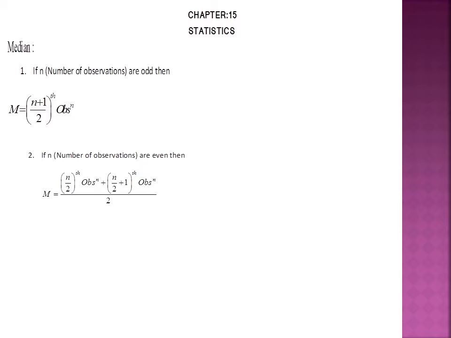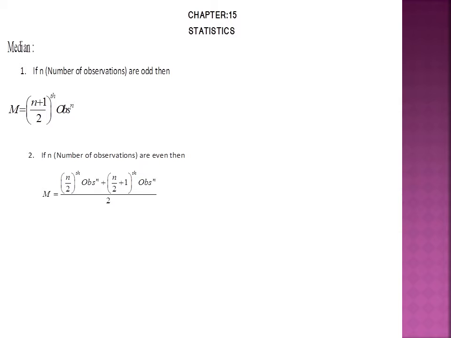Again, if n is even, then the median equals the n by 2th observation plus the (n by 2 plus 1)th observation, this whole divided by 2, that is, the average of the middlemost two observations.